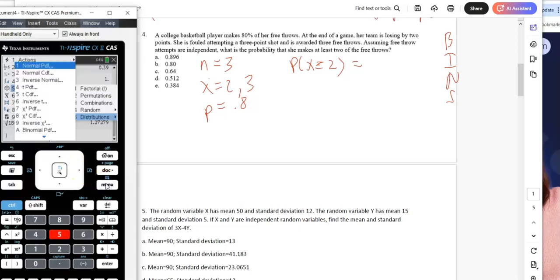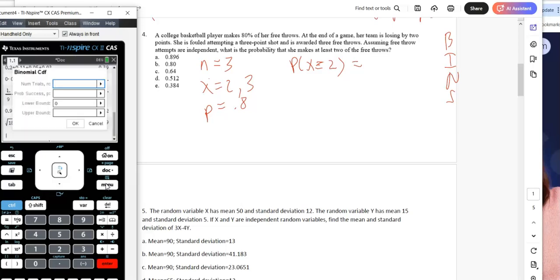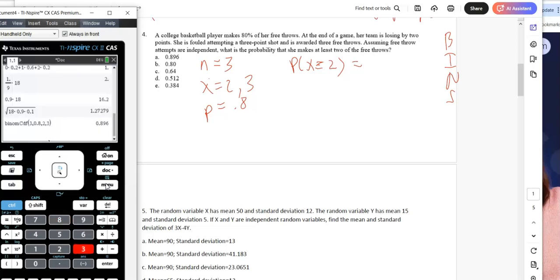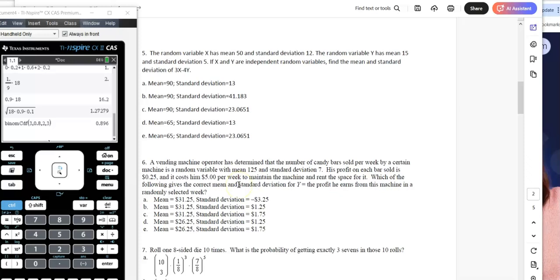So menu 5, binomial CDF, because we have a range of values here. Our number of trials is 3. Probability of success is 0.8. Lower bound is 2. Upper bound is 3. 0.896 should be it.